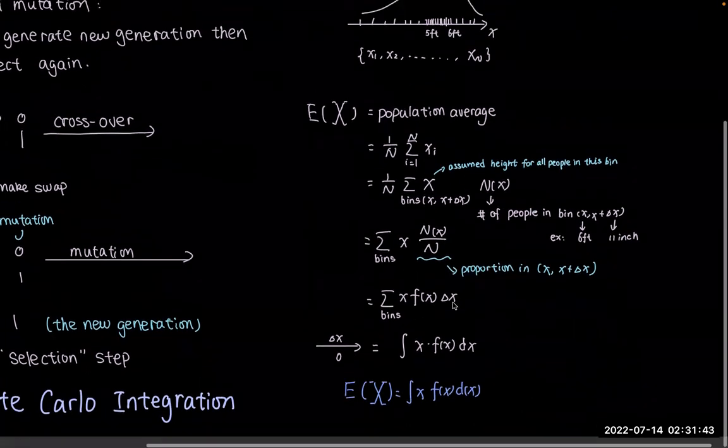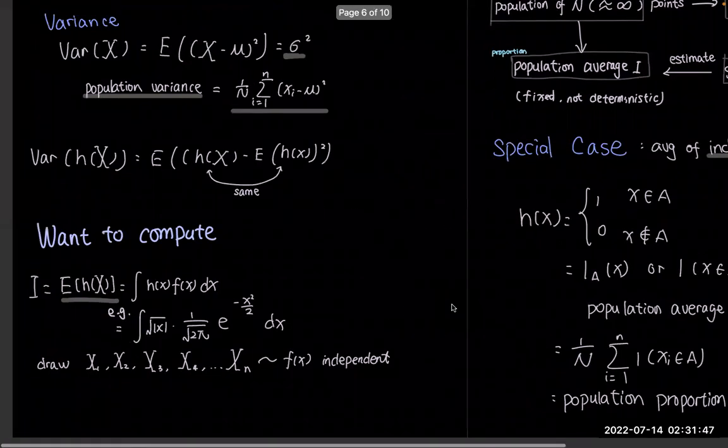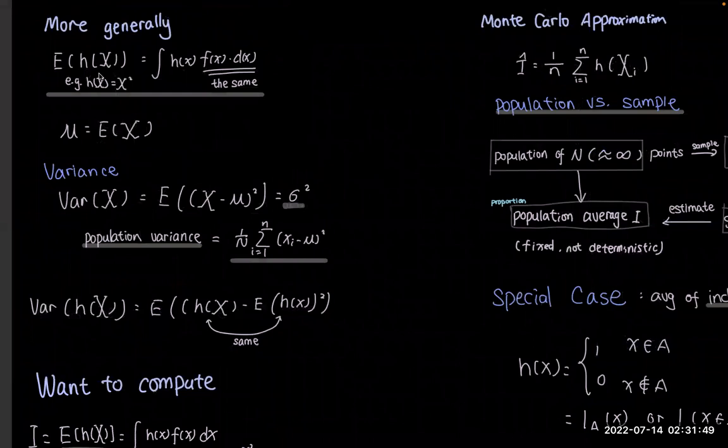Okay, so by the same logic, you can also define the expectation of h of x. For example, x is the height of a random person, and h of x may be the square of the height. Suppose we are interested in some population average of the square of people's heights.